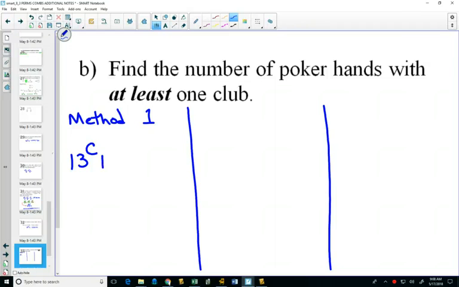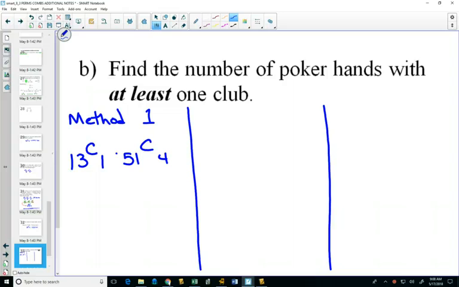I take my 13 clubs, I choose 1 of them, and then I take the other 12 clubs that are left and mix them back in the deck. I then randomly pick 4 more cards from my deck. So there's 51 cards in my deck now, not 52 because I've taken 1 out. And I choose 4 more cards.